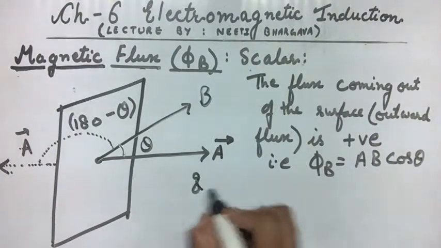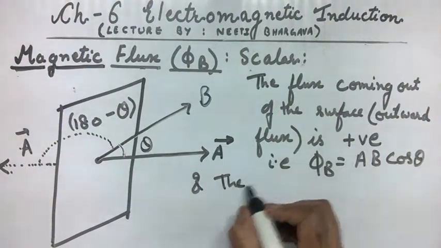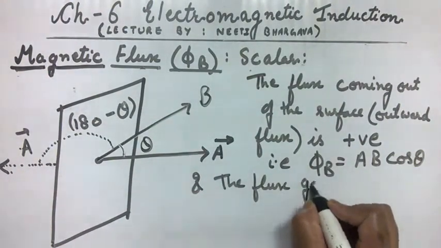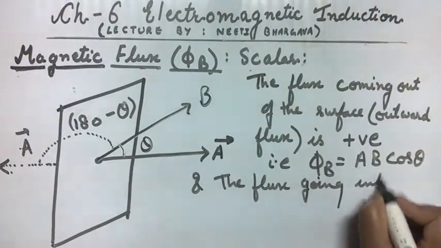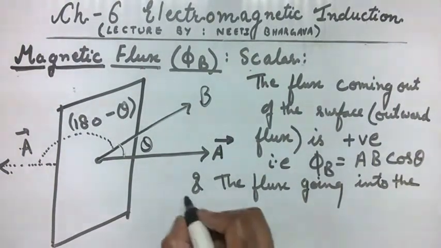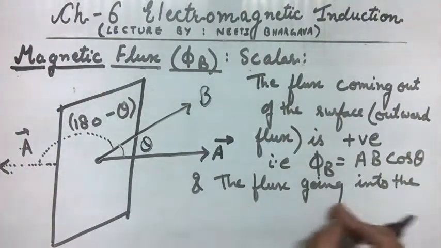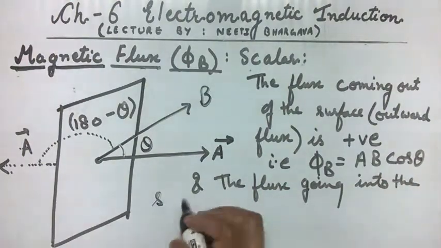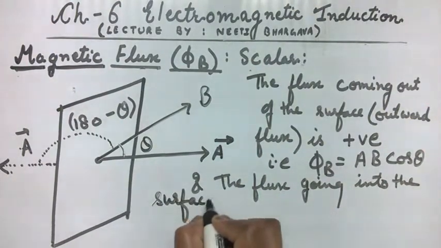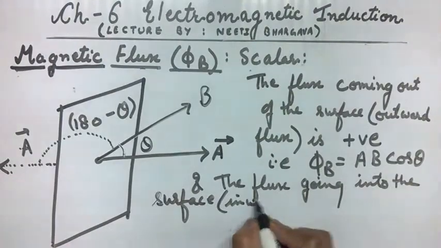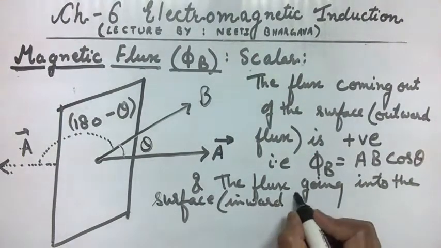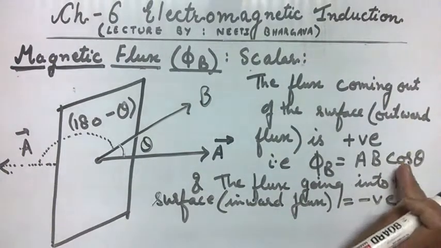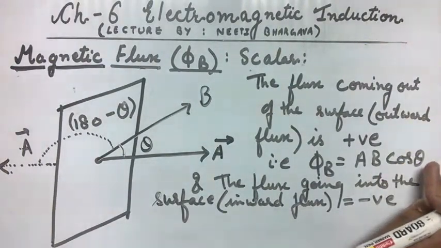And the flux which is going into the surface, we have studied it in electrostatics also for electric field or electric flux, that is inward flux, is considered as negative because cos 180 minus theta is minus cos theta.